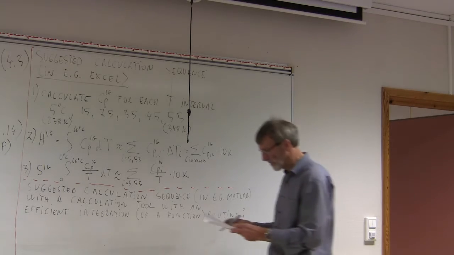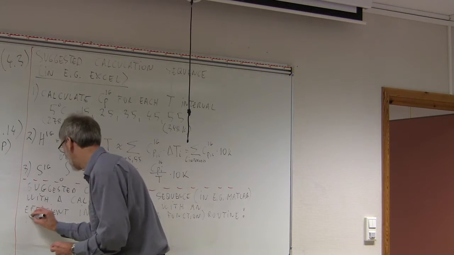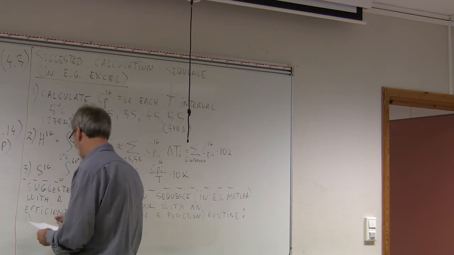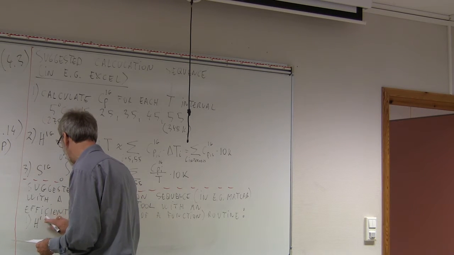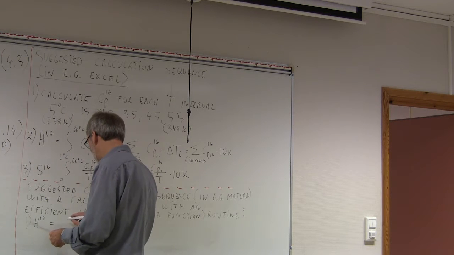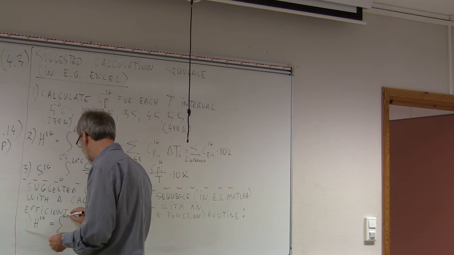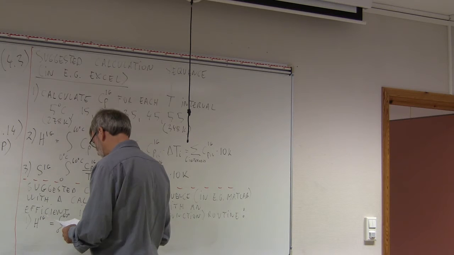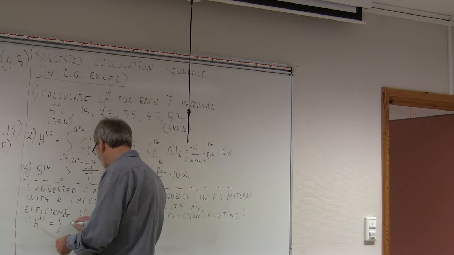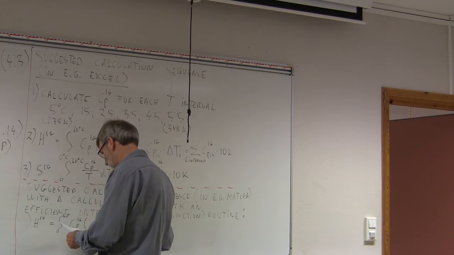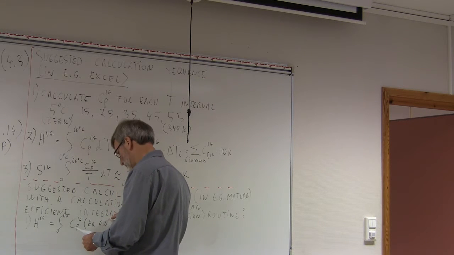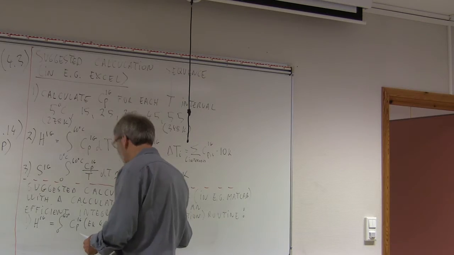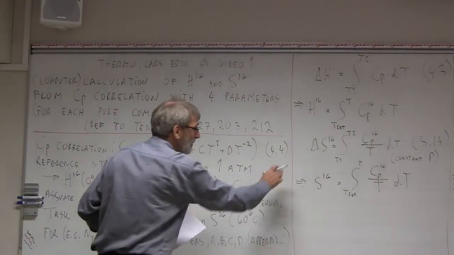Then if we have an integration tool, we can calculate the ideal gas enthalpy from 0 to 60 degrees of Cp ig of equation 4.4. Equation 4.4 is this equation.